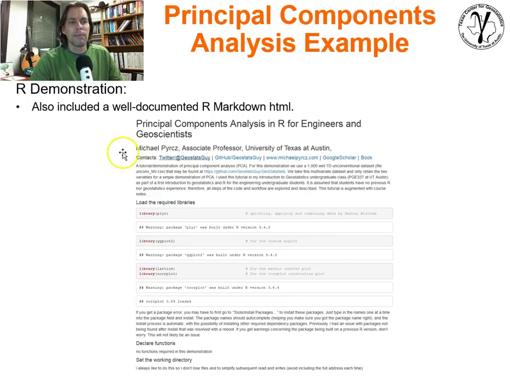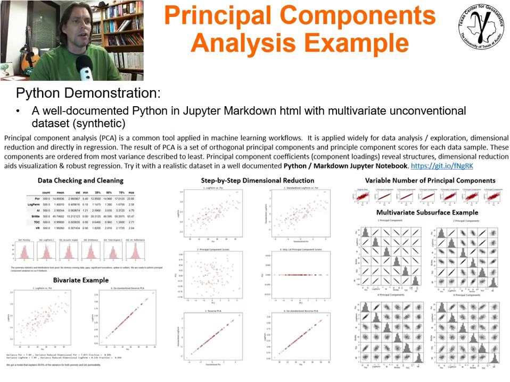So here's the markdown file for it with documentation explaining every step. You may also be interested in a Python version of it. In the Python version, you'll have the same workflow using the same data. I've actually gone a little bit further in Python.